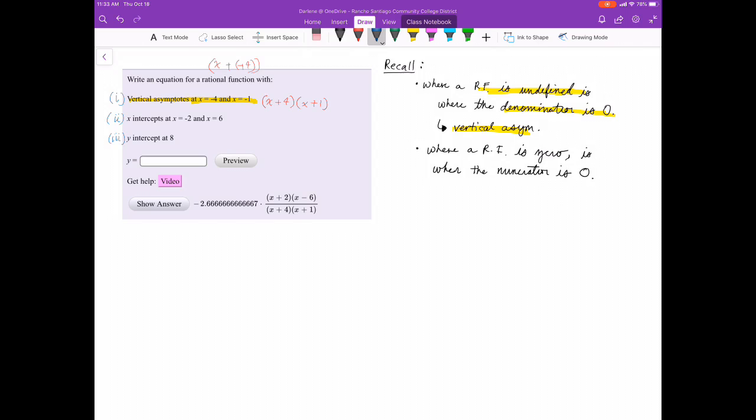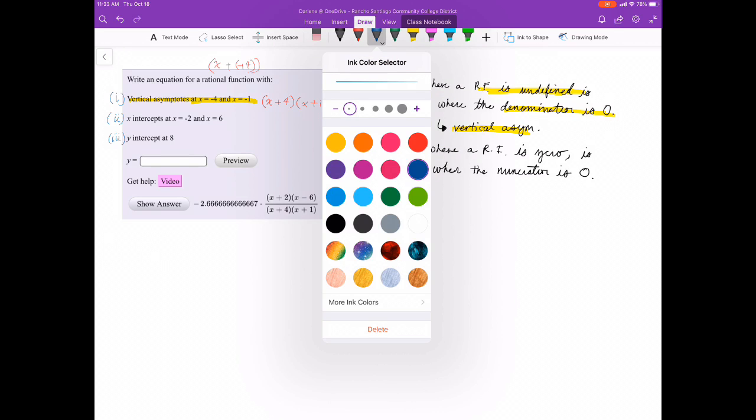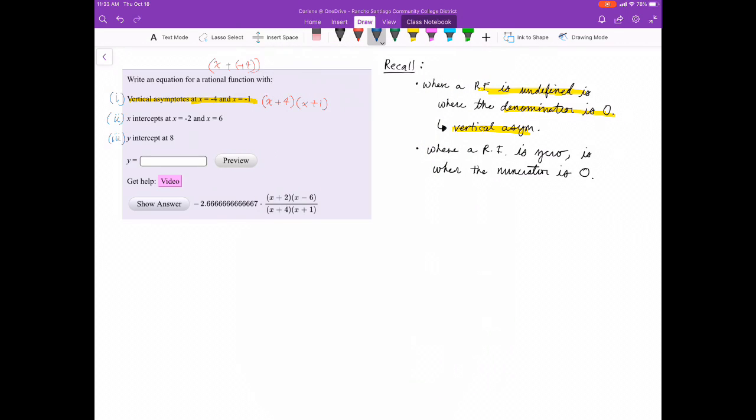Okay, second piece of information that we get is the x-intercepts. So where a rational function is 0 is where the numerator is 0. Well, where the numerator is 0, these are the x-intercepts.